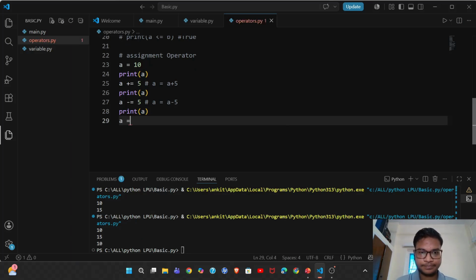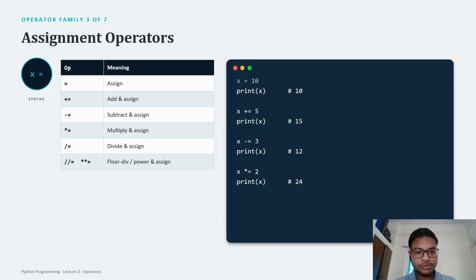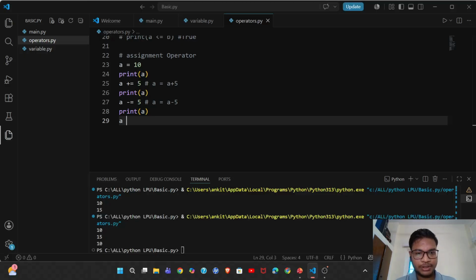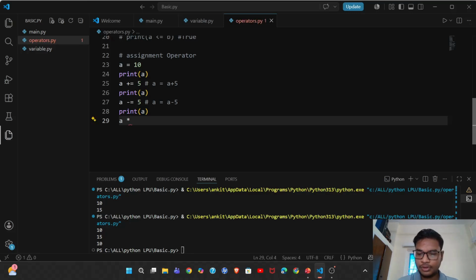Now a, because it runs all the code one by one, so therefore it gives the value. And the next one is multiply equal to, that means x equal to 5.